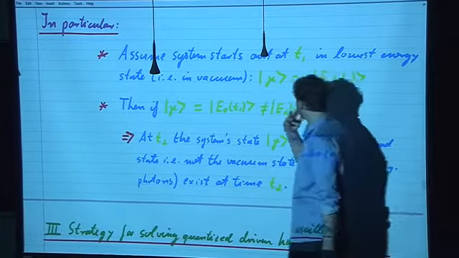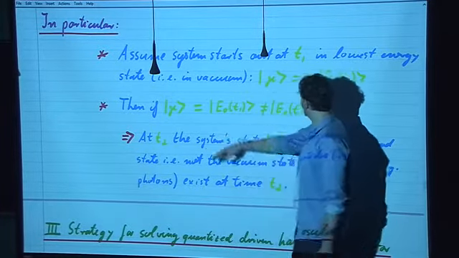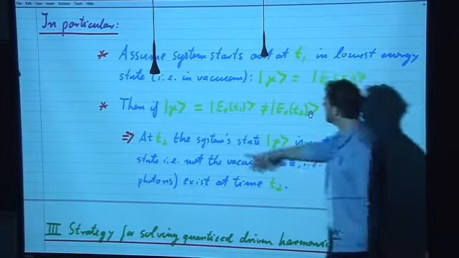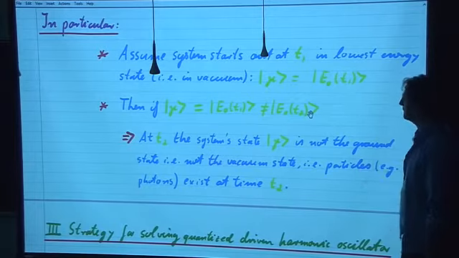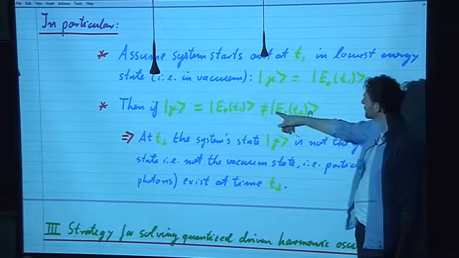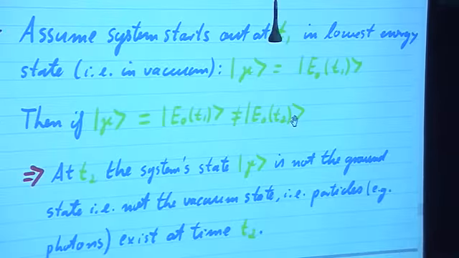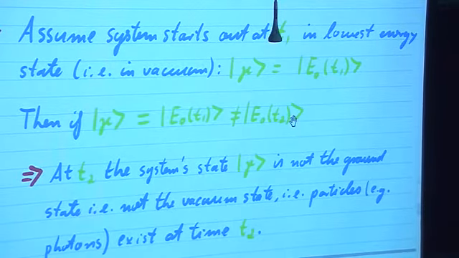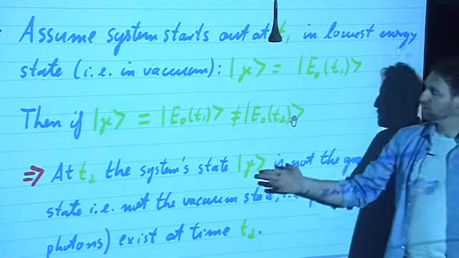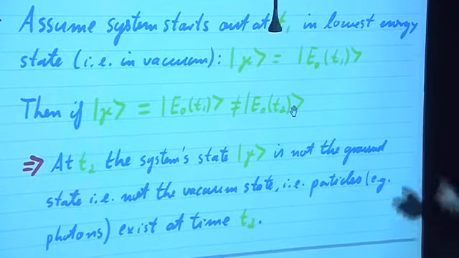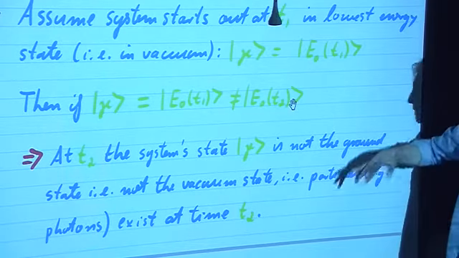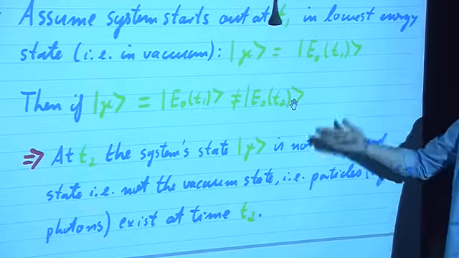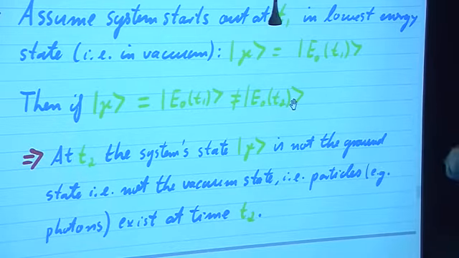And then the state gamma, which is the ground state at time t1, is not the ground state at time t2. That means that at the later time t2, the state of the system is no longer the vacuum state, it's no longer the ground state. The harmonic oscillator is no longer in its ground state. I'm emphasizing this because, in principle, it's trivial stuff that I'm saying here, but in the Schrödinger picture, it all looks very different.